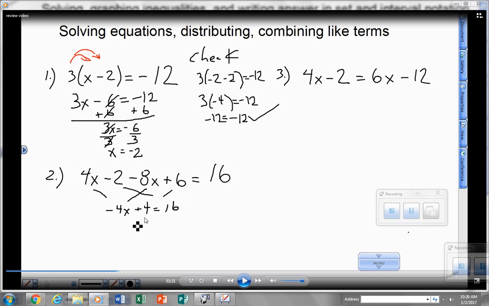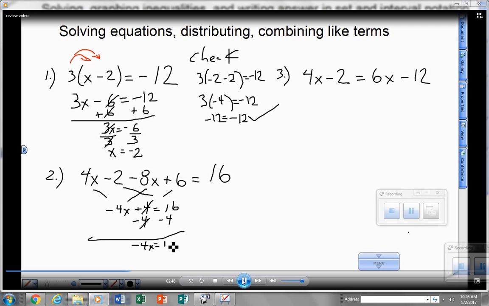Now I start by looking at what can get x by myself, which is get rid of this 4 first by adding, subtracting, and then dividing last. So first step, first inverse operation, subtract 4 on both sides. Those cancel away, bring down the negative 4x, bring down my equal. 16 minus 4 is 12.